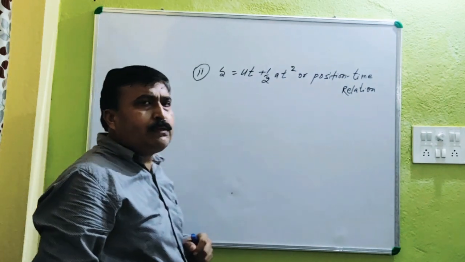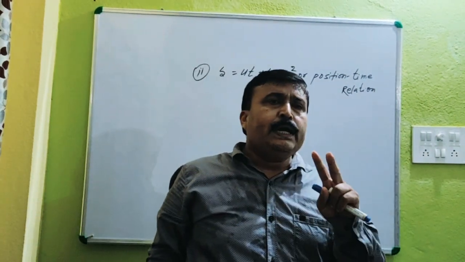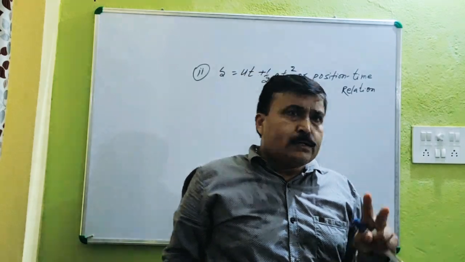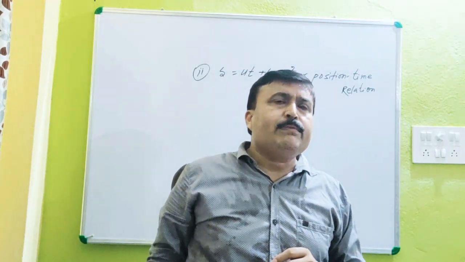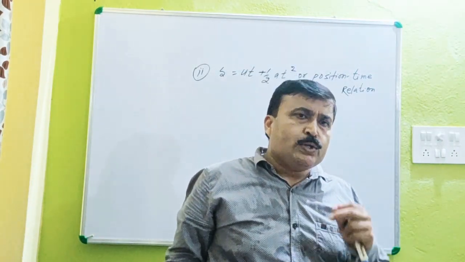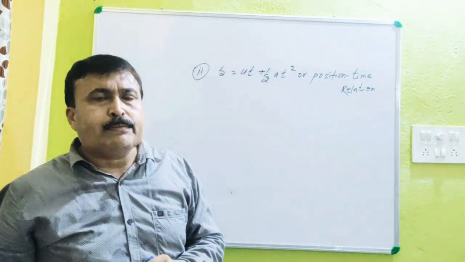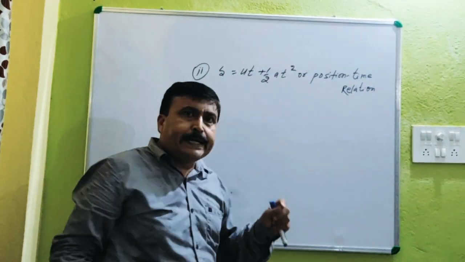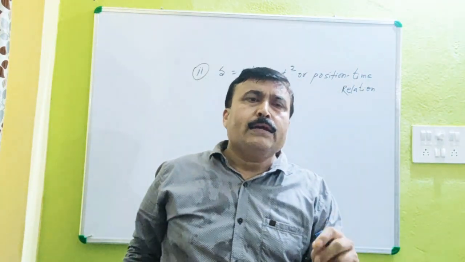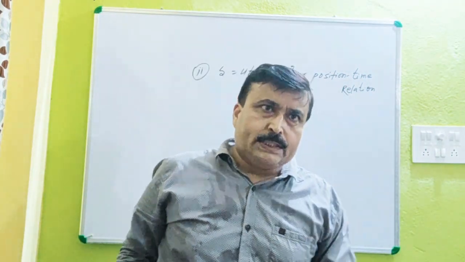To derive this equation of motion, we have to use the concept of average velocity in two cases: in case of uniformly accelerated motion, and in case of general average velocity.